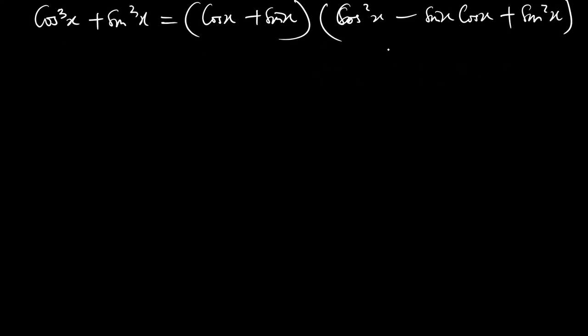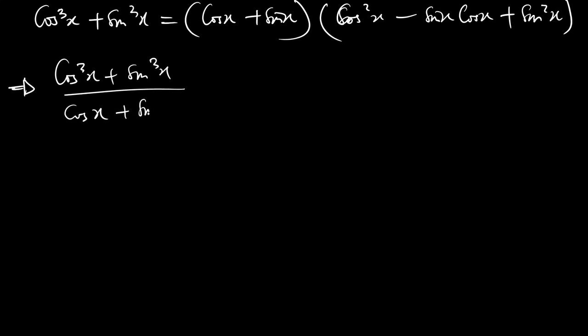So this is equal to b. Now it implies that cos cube x plus sine cube x divided by cos x plus sine x is equal to cos x plus sine x. That is, we replace this expression with this one.